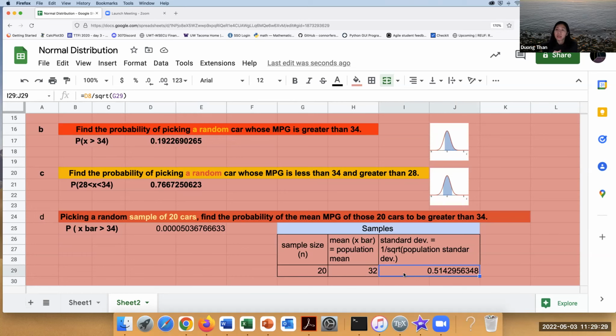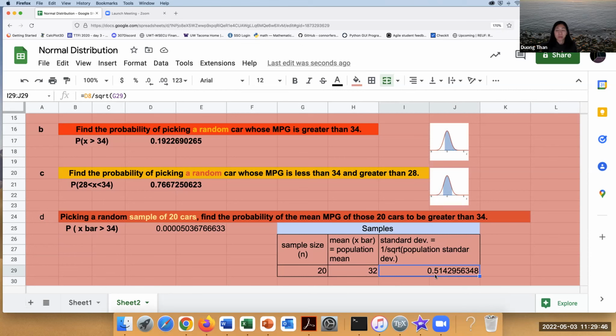And since the standard deviation decreases a lot, you don't have a lot of room on the right. From the mean, 0.5 is 1 standard deviation, and 3 standard deviations is like the mean plus 1.5.